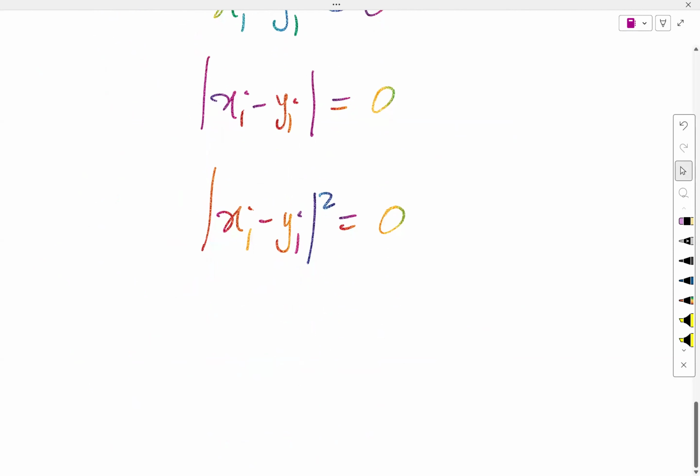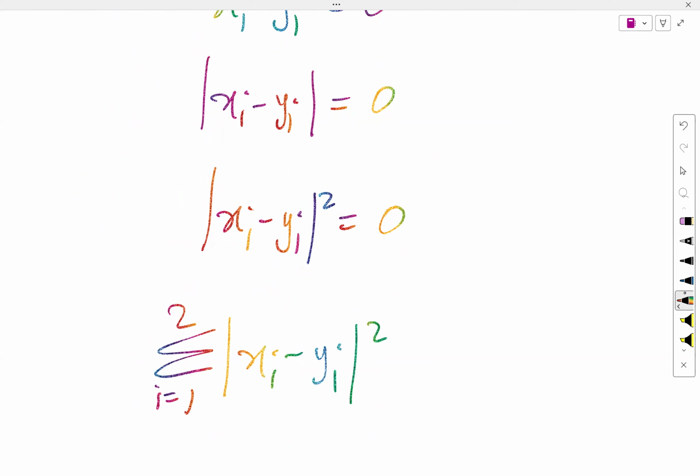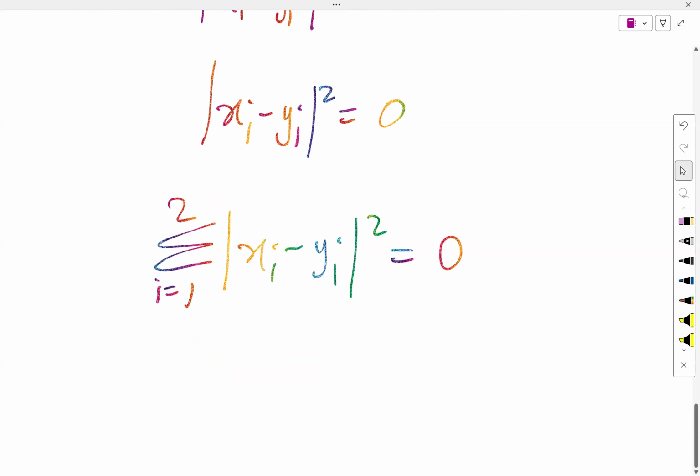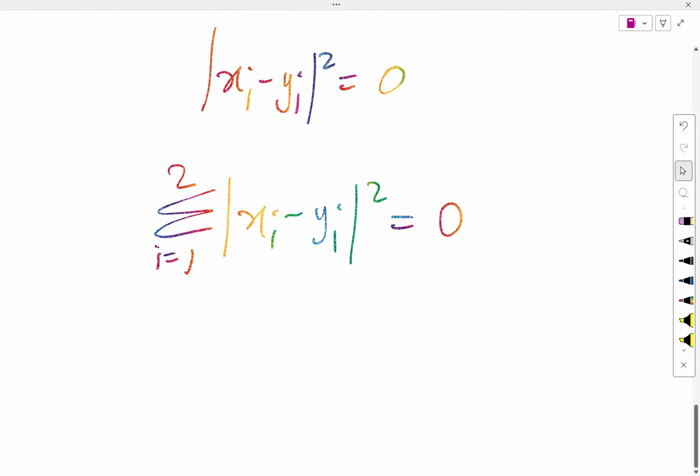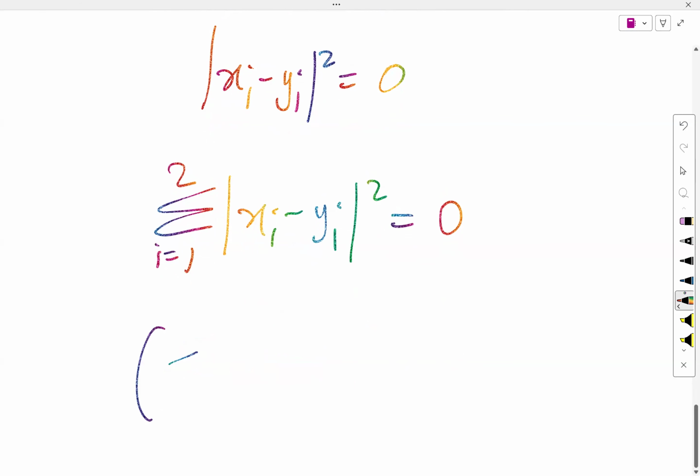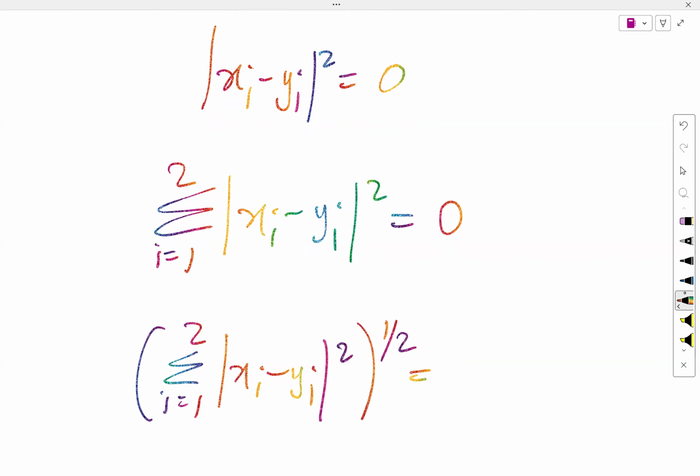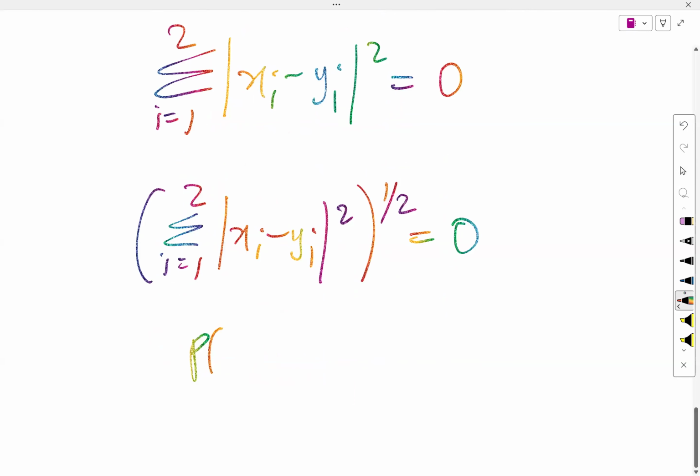Well, what else do you want to do? You want to sum it, right? If you sum it from I equals 1 to 2, xi minus yi squared, it's still equal to 0. And then you can raise this summation from I equals 1 to 2 of xi minus yi all squared to power half, which equals 0 raised to power half, which is still 0. So at the end of the day, you still have your P of x, y equals 0.